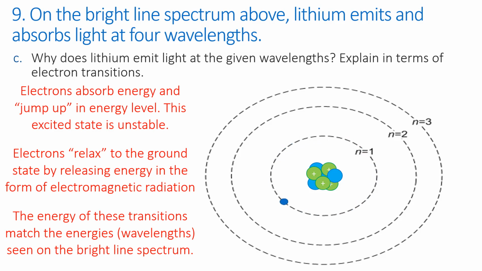So the energy of these transitions matches the energies and wavelengths that we see on the bright line spectrum. So the bigger the jump, whenever it falls back down, the more energy is released. This is going to be my short wavelength, high frequency type of electromagnetic radiation.